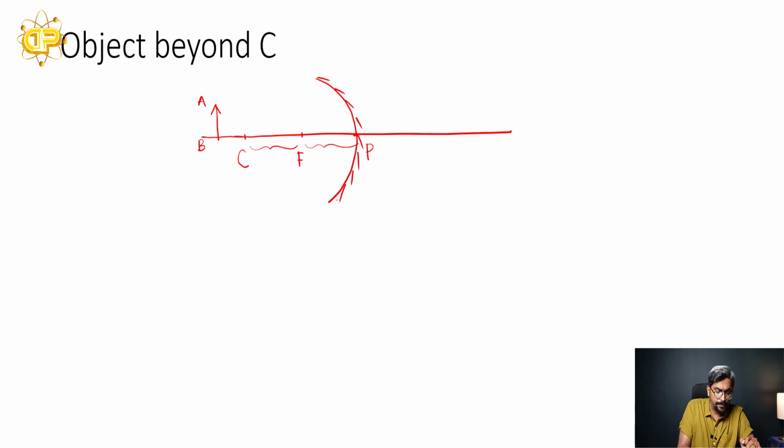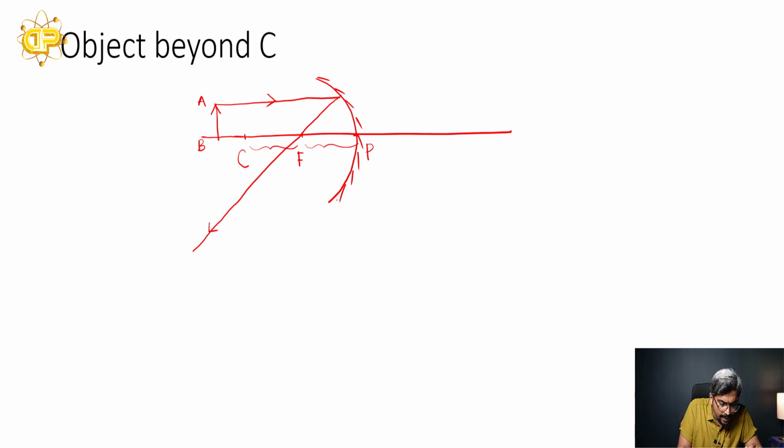Just imagine that if from this particular point a ray is moving parallel to the principal axis, then after reflection it will move through the principal focus. So this is one condition.